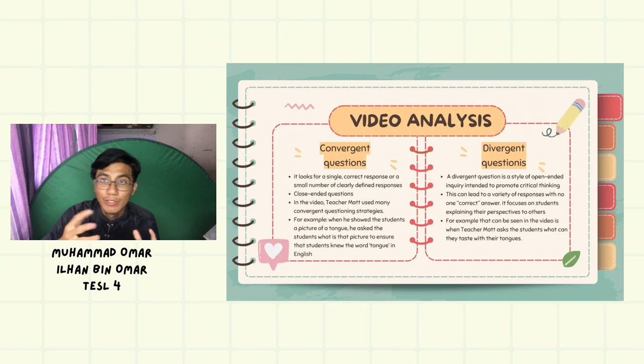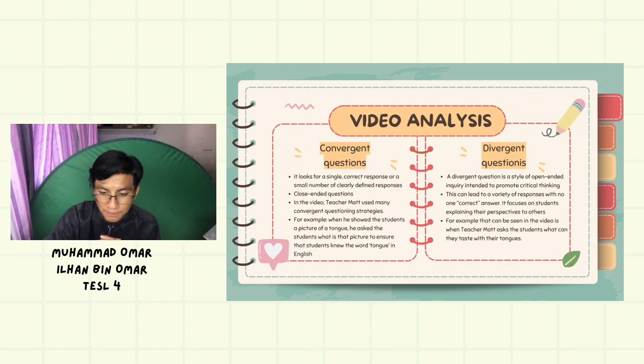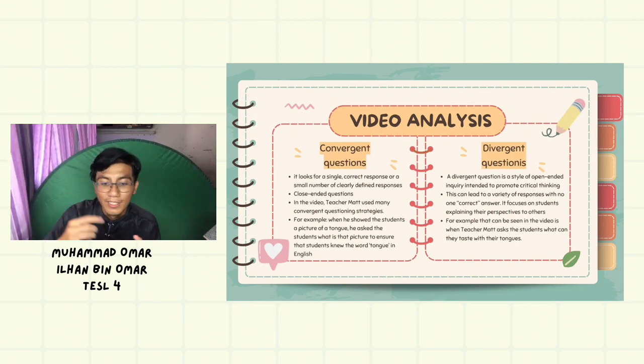We move on to convergent questions. Convergent questions are those questions which are intended to be factual or precise questions which only have one specific answer. Convergent questions are close-ended questions because the questions do not encourage broad thinking since there is only one answer.